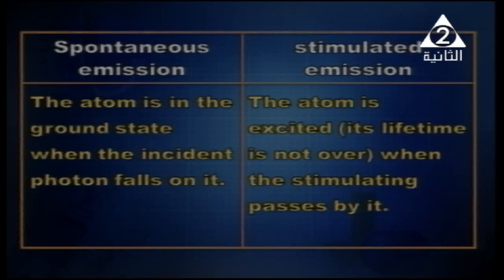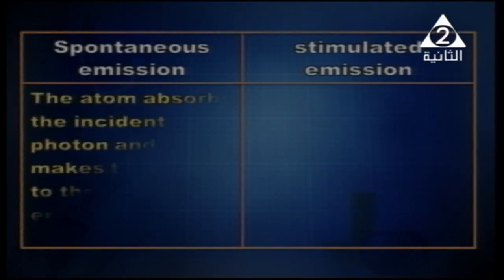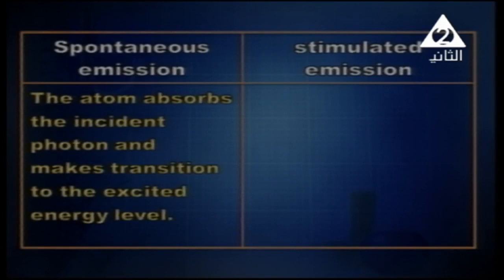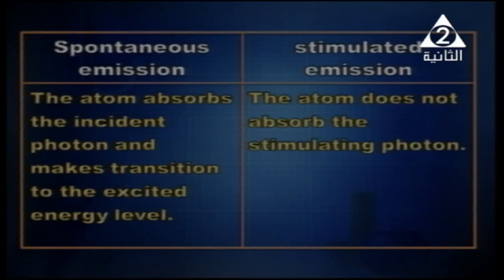Its lifetime is not over when the stimulating photon passes by it. Second point of difference. In a spontaneous emission, the atom absorbs the incident photon and makes transition to the excited energy level. In a stimulated emission, the atom does not absorb the stimulating photon.